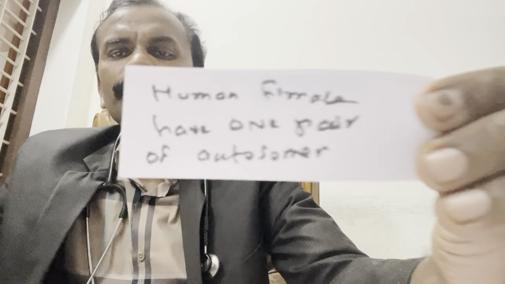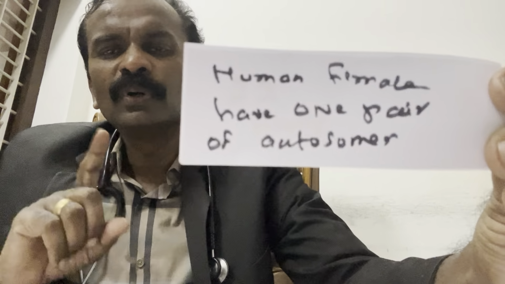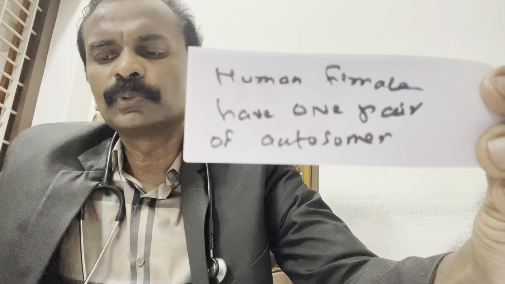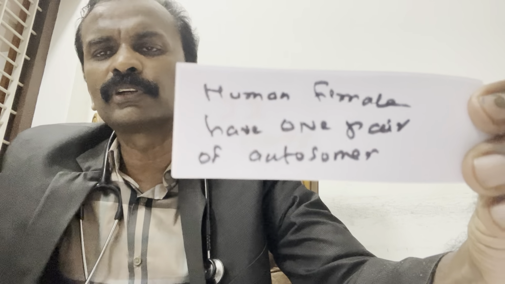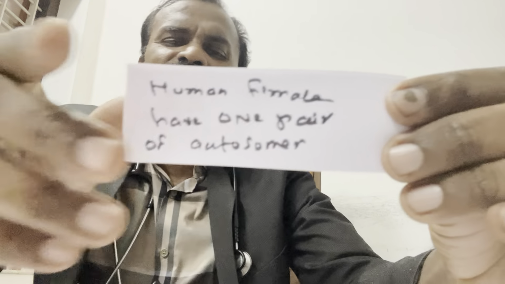Now female. Human female has one pair of autosomes. True or false? Same. Autosomes means even male 22 pairs, female 22 pairs. Same.